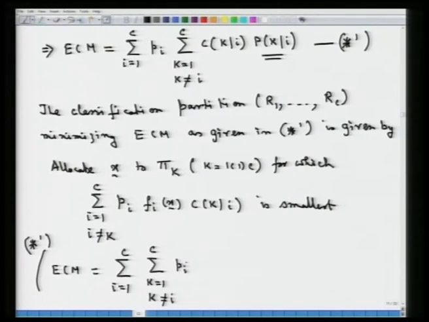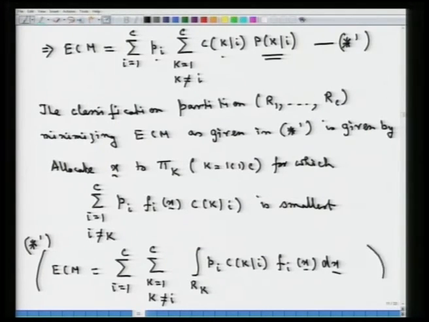So, we will have a pi, let me also take it inside. So, we will have an integral here of R_k f_i(x) dx. So, rather than writing it in this form, I will also take these constants inside the integral. I will write it as pi_i into c(k given i) into f_i(x) dx.